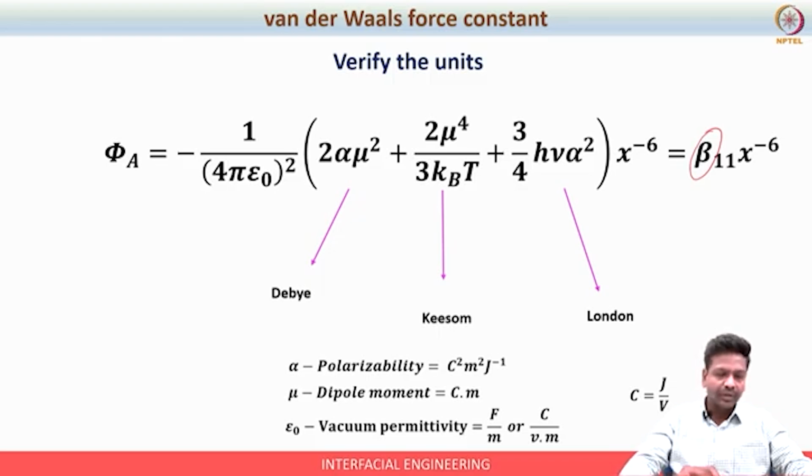So eventually you will have the unit of the interaction potential energy as joule. Because this beta carries with it three distinct terms, depending on the situation, sometimes all three terms exist, sometimes one or two terms exist.